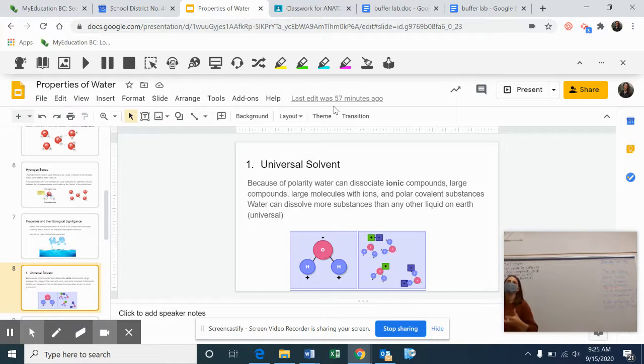And the reason that we're saying water is a universal solvent is it can actually dissolve more things than any other substance on the entire planet.